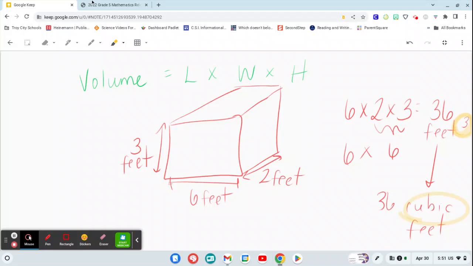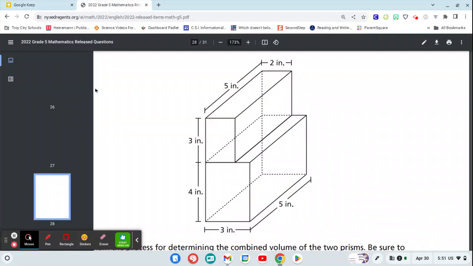Okay? That's my little background information breakdown here. Now, in 5th grade, your child is going to see a problem that has a composite figure. A composite figure is where we have 2 three-dimensional figures that are composed and put together. So in order to find the volume of this entire figure, we first need to determine the volume of this first figure.